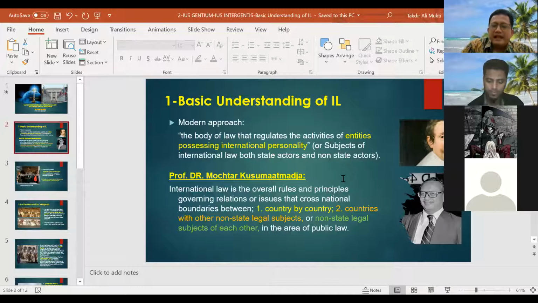So the entities or organizations that meet all of the criteria get the position of personality in the field of international law. In the Dutch term, it is rechtspersonen, or the subject of international law. So personality here is not a person as a human, no, but the status or legal standing in international law process.